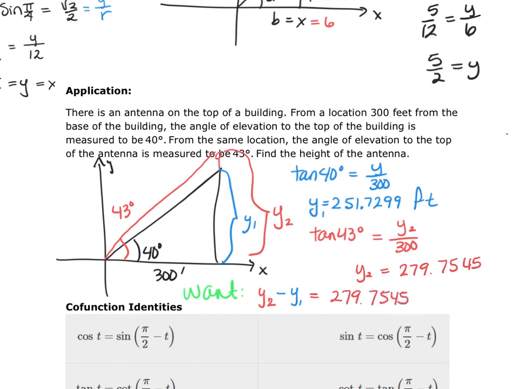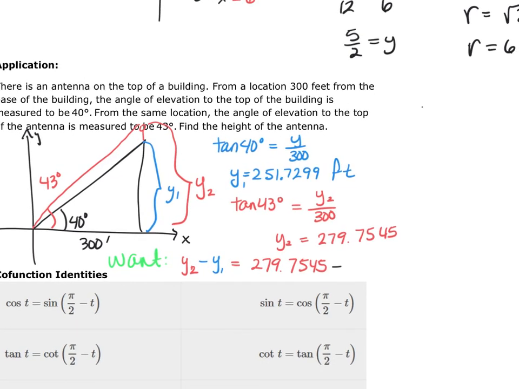So this is 279.7545 minus the height of the building, because my y2 here is the height of the building plus the antenna, and all I really want is the antenna, but I had to find the total height. So minus 251.7299.